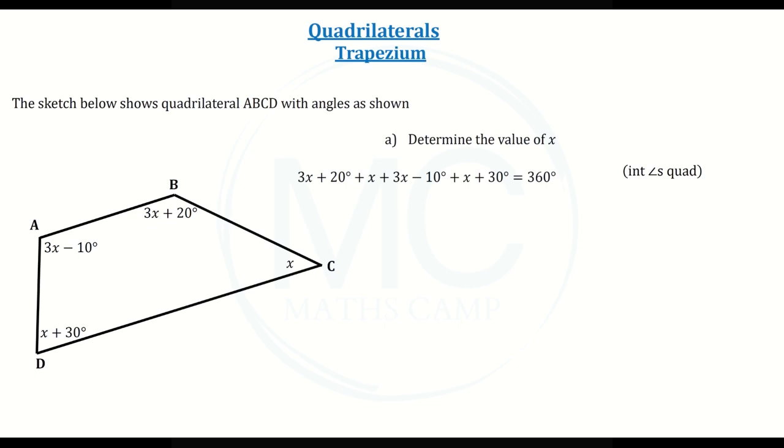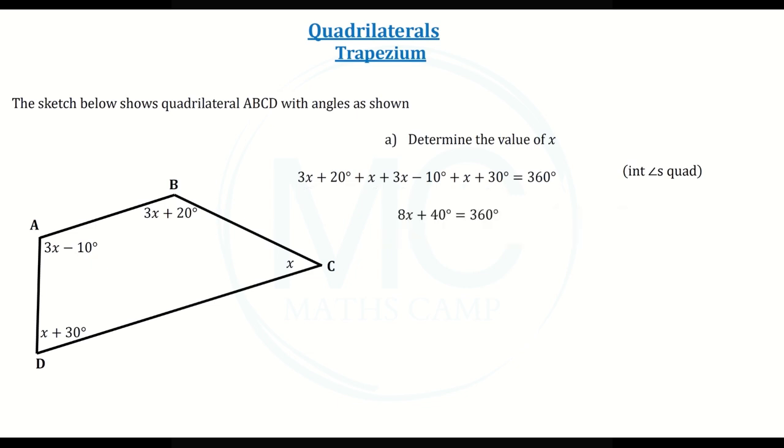Now let's add like terms. We have 3x plus x, which is 4x, plus 3x gives us 7x, plus x gives us 8x. Now we have 20 degrees minus 10 gives us 10, plus 30, which gives us 40. So we have 8x plus 40 degrees, and we can make this equal to 360 degrees.